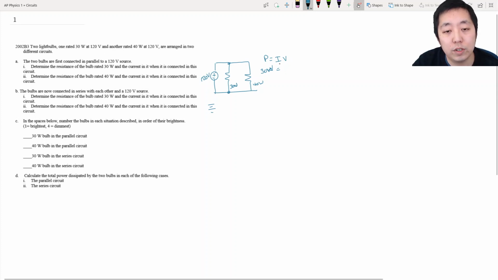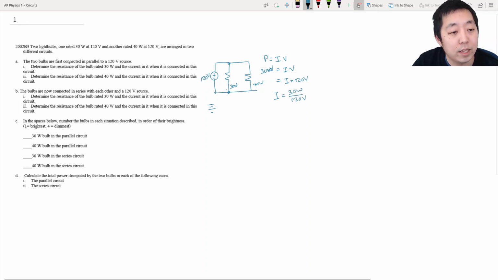You could solve for the current and then try to find the resistance of it. That's one way to do it, so I'll do it that way. So this is I times 120 volts, because what's the voltage across the resistor? Well, it's connected to a 120 volt source here. So I is equal to 30 watts over 120 volts.